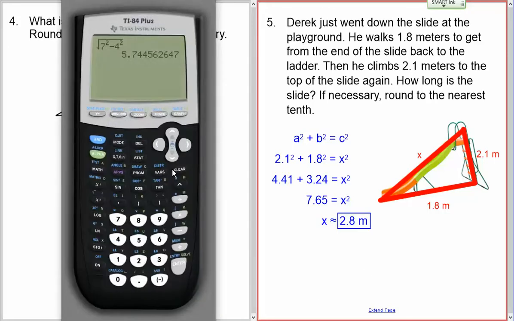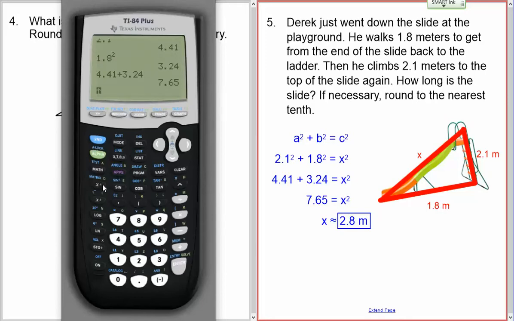So I used a lot of calculator. A lot of people will do 2.1 squared and write it down, and 1.8 squared and write it down. And then they add them, the 4.41 and the 3.24, and write it down.